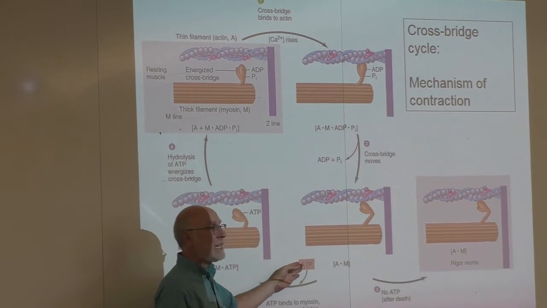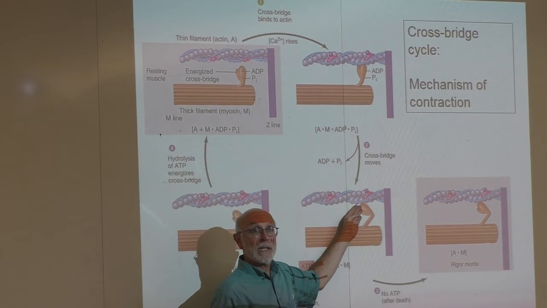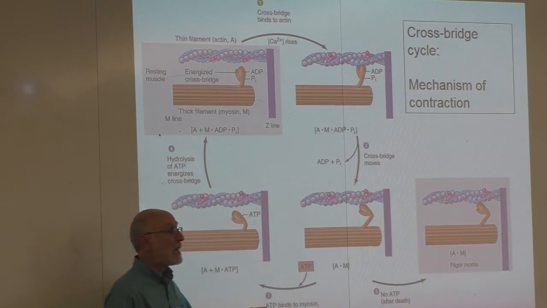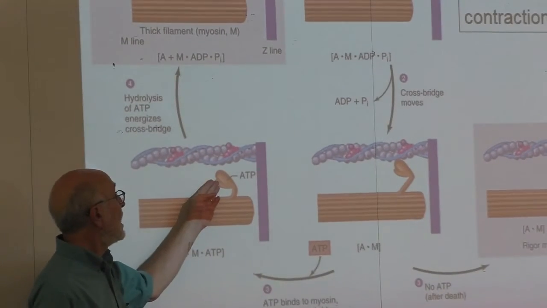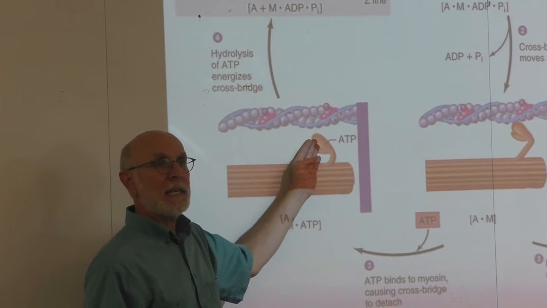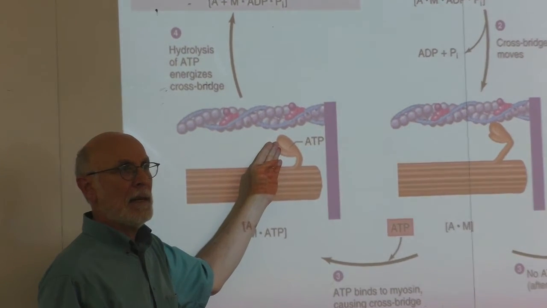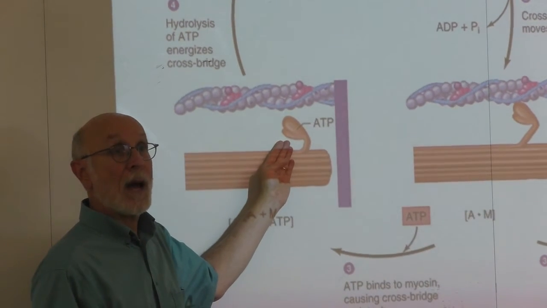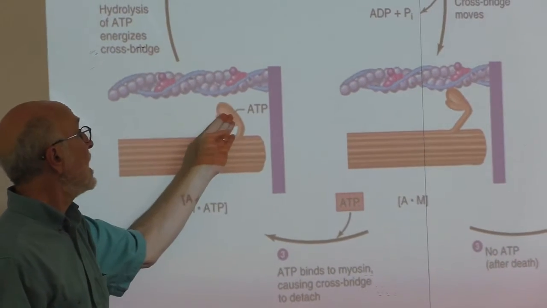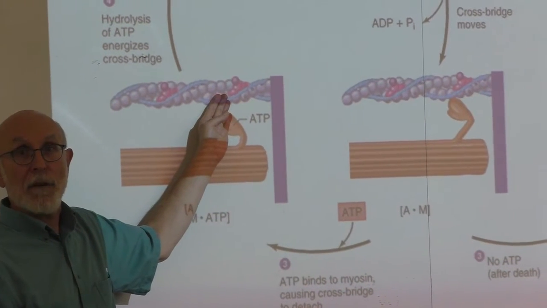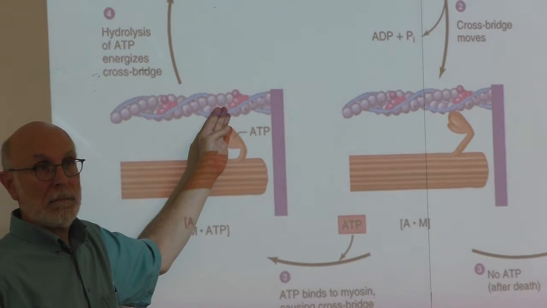ATP binds to the nucleotide binding site, causing a conformational change that causes the myosin to have a low affinity for the actin, and so it dissociates. So ATP binding causes the myosin head group to detach from the actin thin filament.